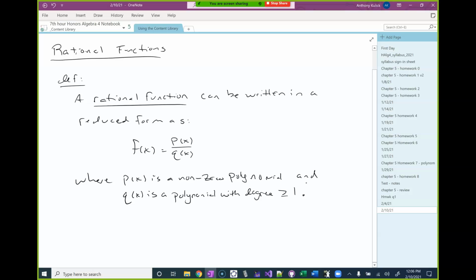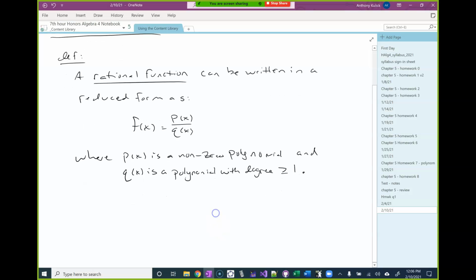So we have this technical definition for a rational function, but basically what it boils down to is a rational function is just like a polynomial divided by another polynomial.